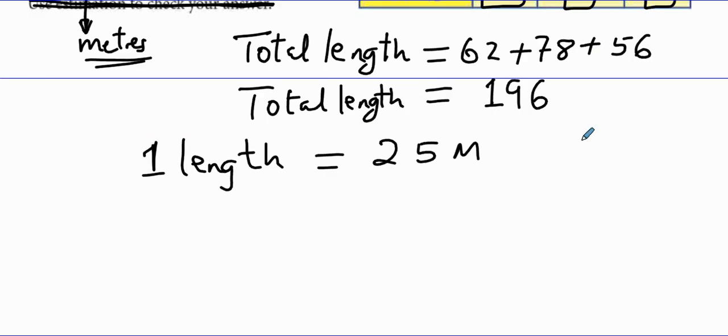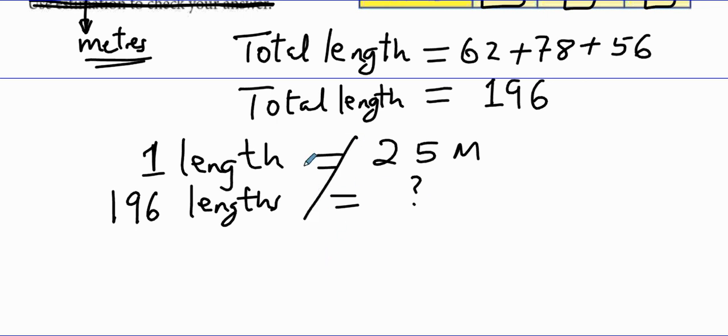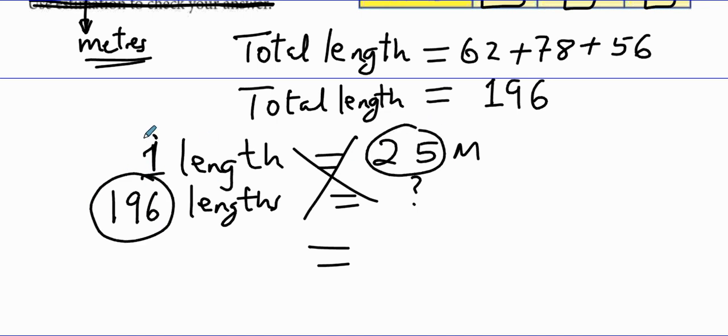Now, how about this total length? 196 lengths will be equal to how many meters? So you cross multiply. You do this number times 25 divided by this number. So you do 196 times 25 divided by 1.